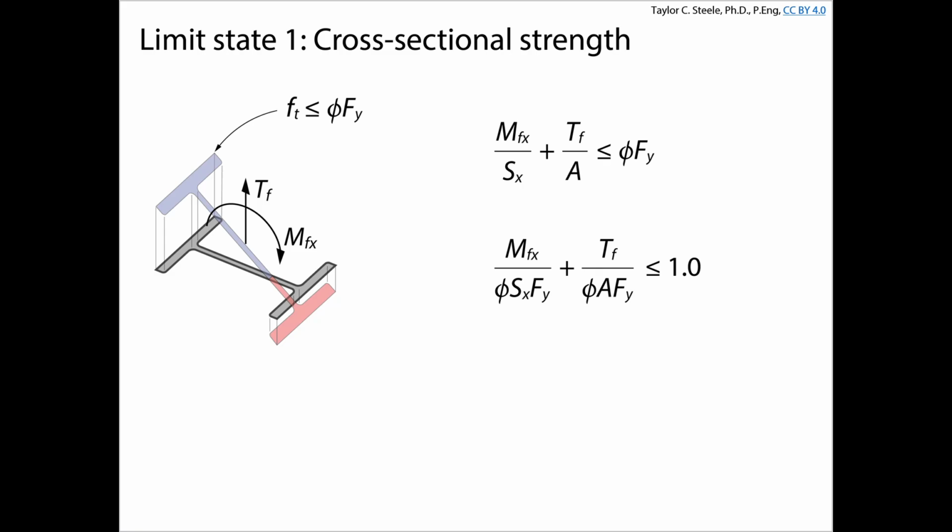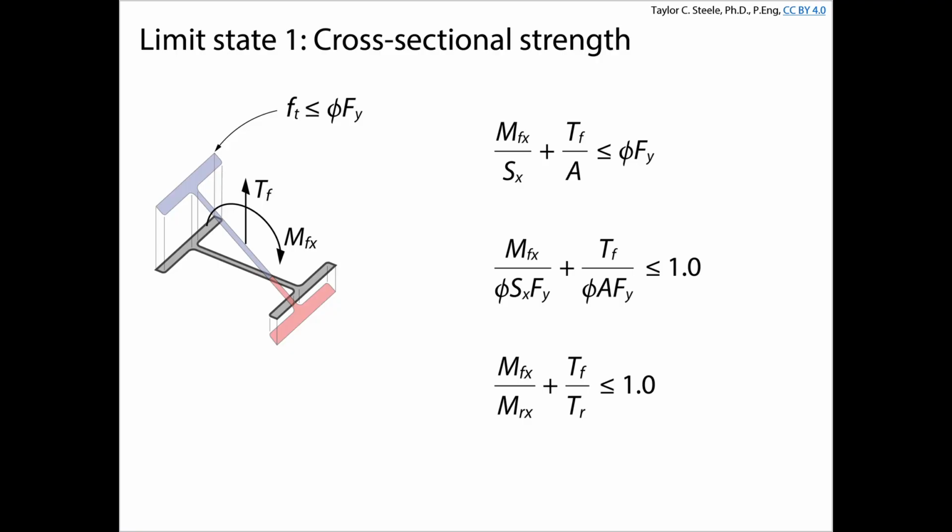And so we can rewrite this basically as MFX over MRX, though it's very important to remember what MRX represents. This is the moment resistance of a class 3 beam calculated in accordance with clause 13.5. And then we've got TR representing the gross section yield resistance of that cross section.